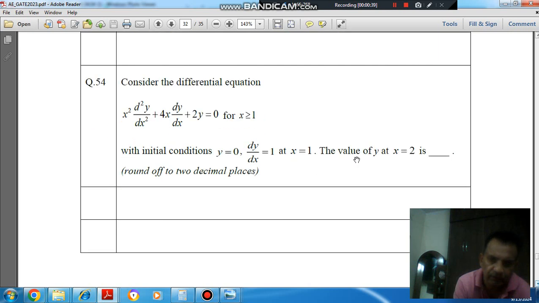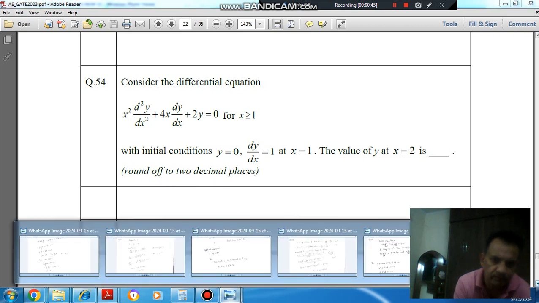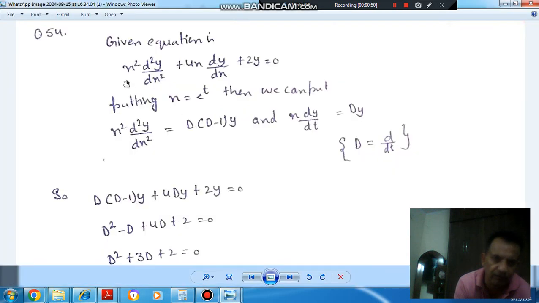So here the given differential equation is x square d square y by dx square plus 4x dy by dx plus 2y equal to 0. This type of equation, where there is x square with d square y by dx square and x with dy by dx, can be solved by putting x is equal to e to the t, with x square d square y by dx square as D bracket D minus 1 y and x dy by dx as Dy.